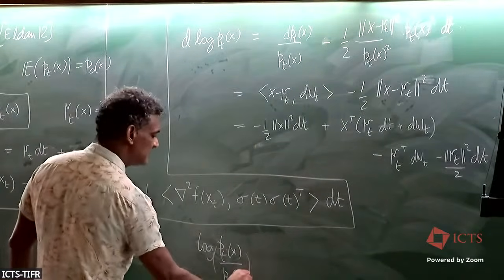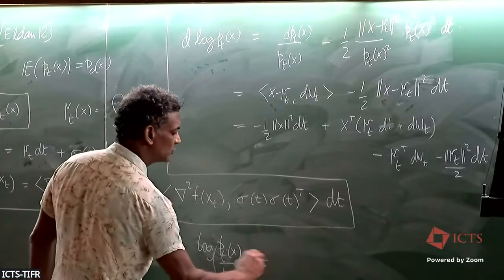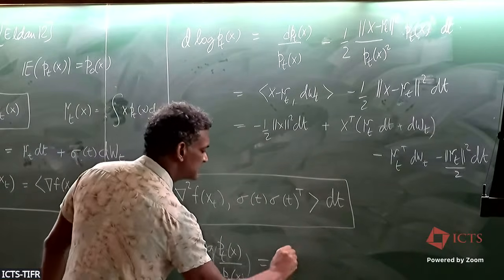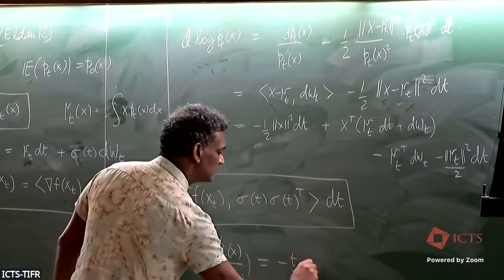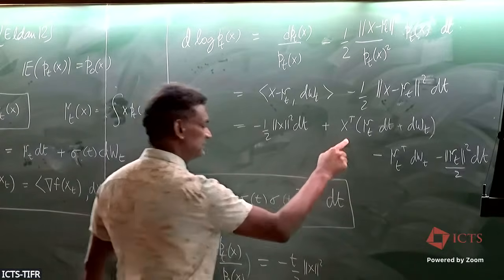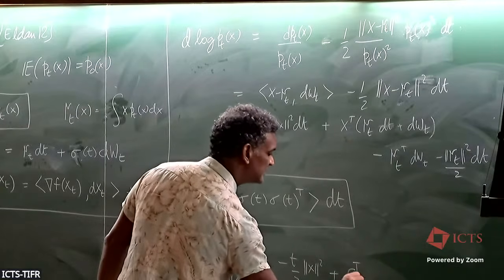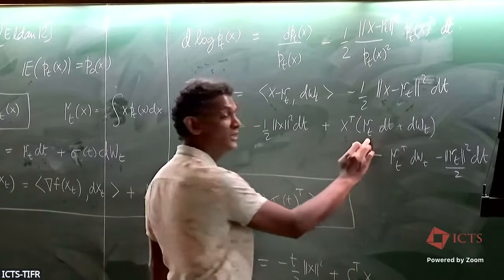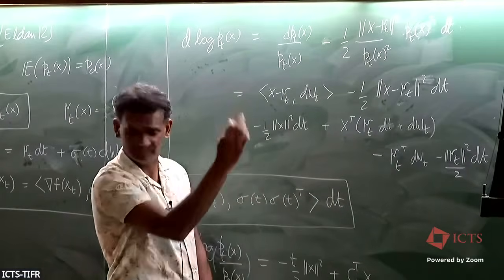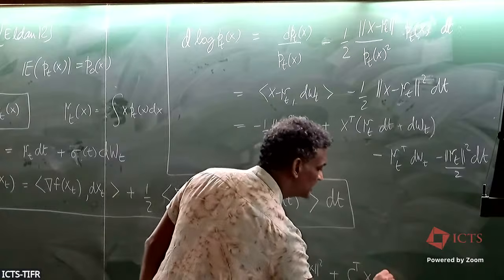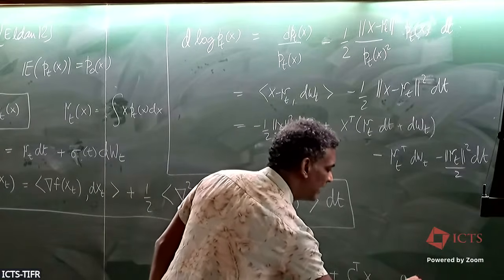This is equal to minus t over 2 x squared. Then this is some linear function; I'll call it c_t transpose x. The integral of this will give me some vector c_t, transpose x. And then this part is something that does not depend on x at all, so I'll just call it g of t.